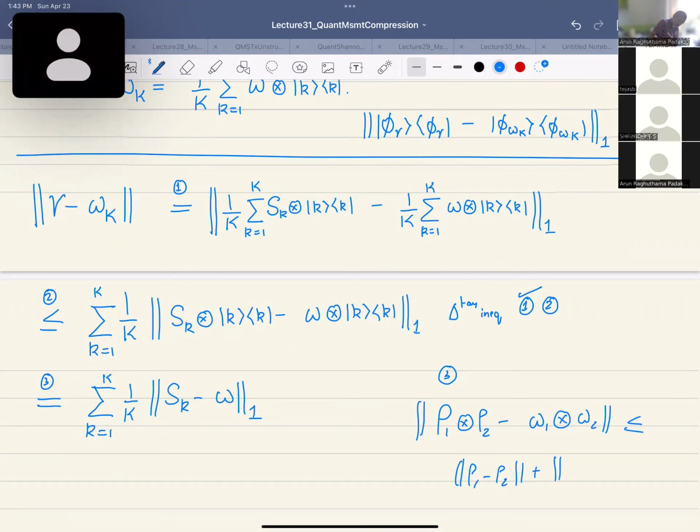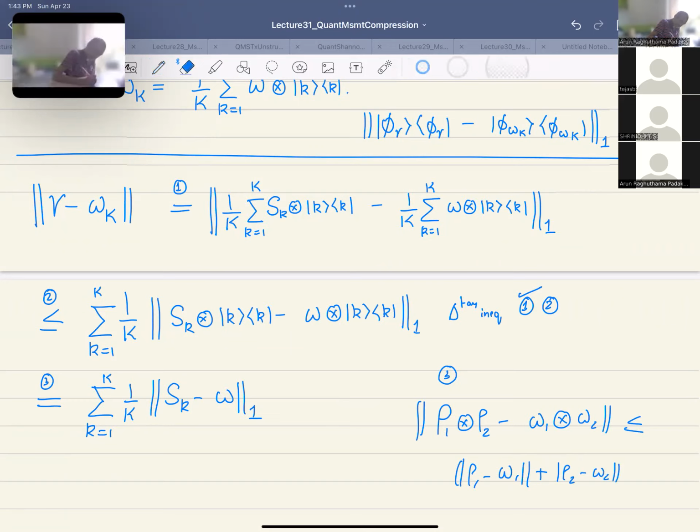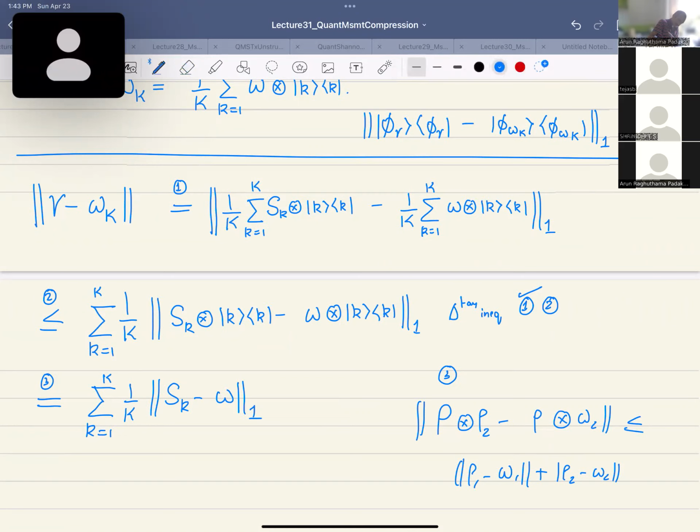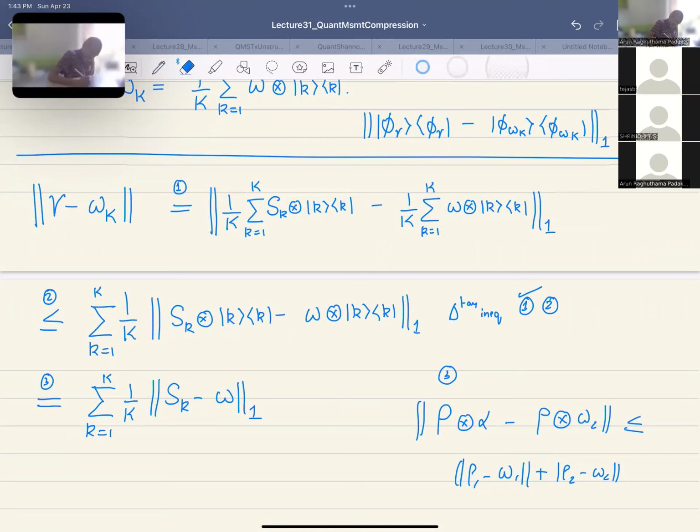The rho 1 should be common on both sides. Rho tensor W minus sigma tensor W is the original thing. What is this equal to?